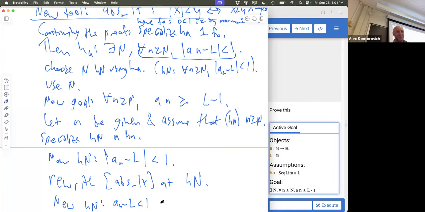It's an and. This is really important. And it's not a_n minus L, but rather -1, because they prefer less than signs: -1 is less than a_n minus L.